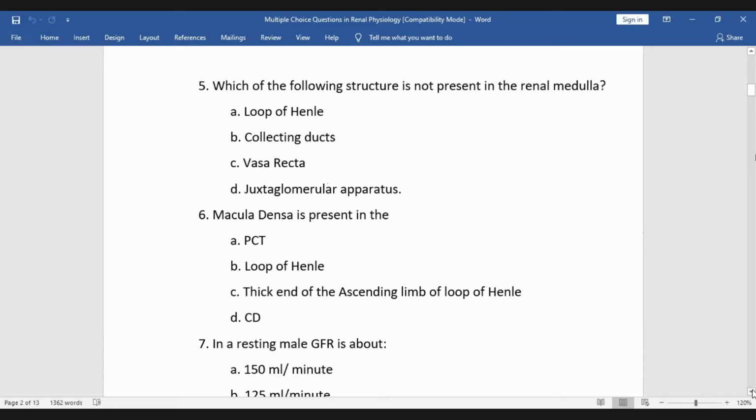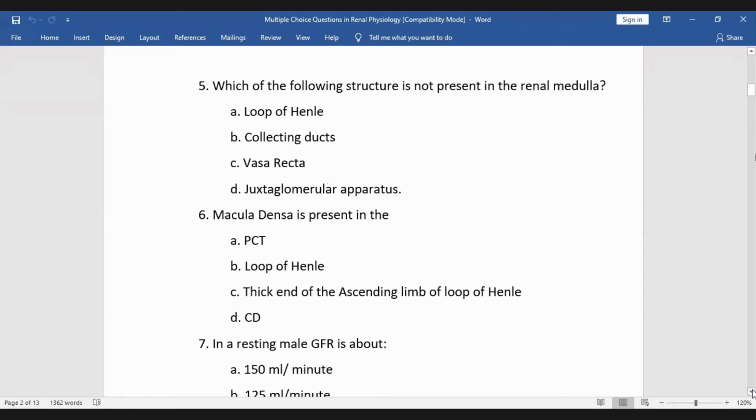That is the correct answer. Where is the macula densa present? In the proximal convoluted tubule, the thick end of the ascending limb of the loop of Henle, or the collecting ducts? C is the correct answer.